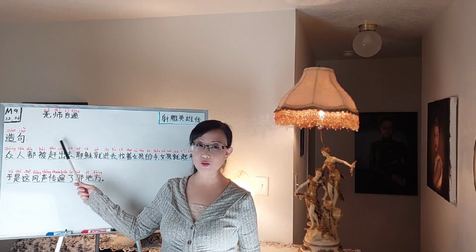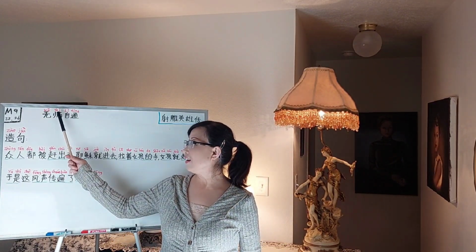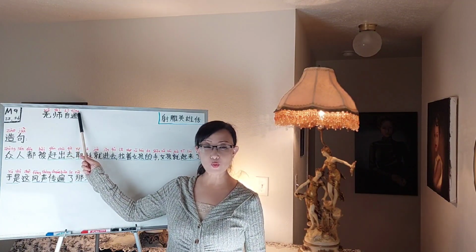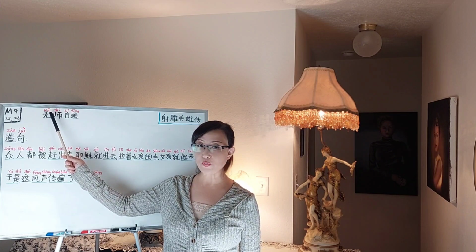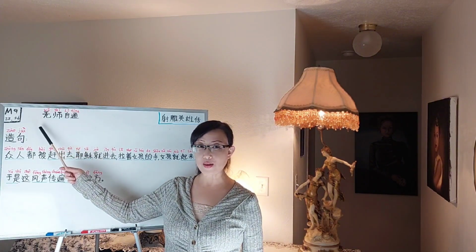I didn't give you any clue because this is too simple, I want you to have fun too. 无师自通, okay. Same thing, when you find this 成语 you're going to put WSZT and you're going to find 无师自通.